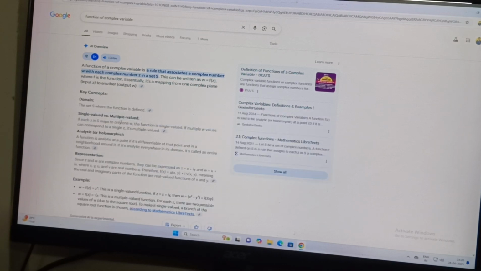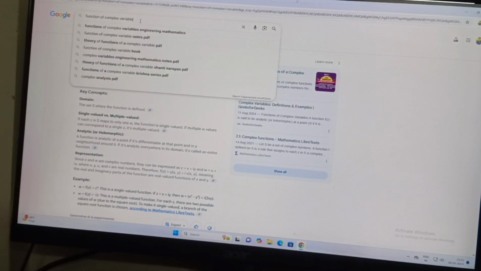These are some domains: single valued, analytic. I have told you what analytic functions are. It should satisfy the Cauchy-Riemann equations, and the partial derivative of u with respect to x equals the partial derivative of v with respect to y. So I have told you everything. So this was all about this.